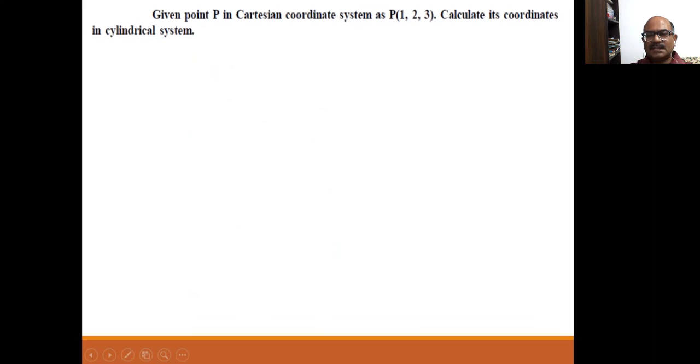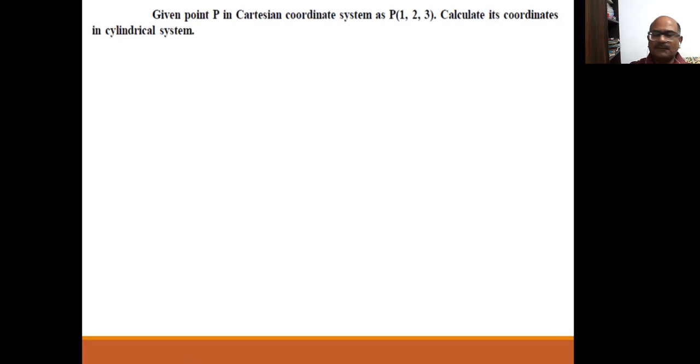Now, if we see the transformation part, there are 2 points. One point is given here: P in the Cartesian coordinate system, which we have to find in the cylindrical coordinate system. Point P is (1, 2, 3). We have to transform this into the cylindrical system.